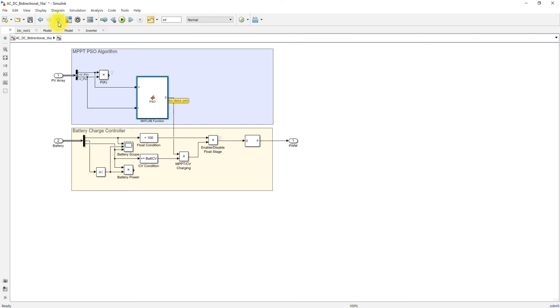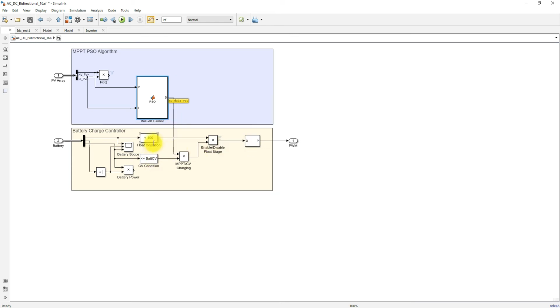The PSO receives two inputs, voltage and current, and the output will be the duty cycle. Here we are measuring the voltage of the battery, comparing it with 100, and also comparing it with the over voltage of the battery. Based upon this comparison, we allow the duty cycle.